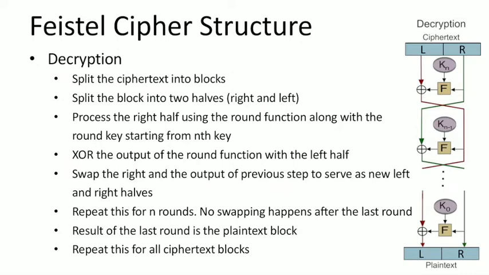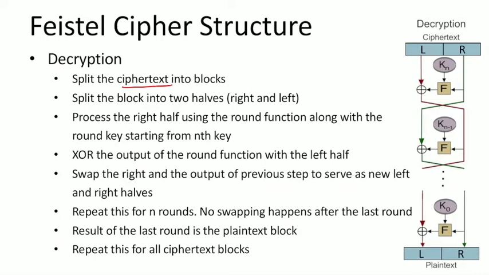Right, so again, just like the encryption process, the first step is always to break the ciphertext into blocks of equal size. So again, if we have 128-bit blocks as the block size, we will take our ciphertext and split our ciphertext data into equal blocks, each one having 128 bits.